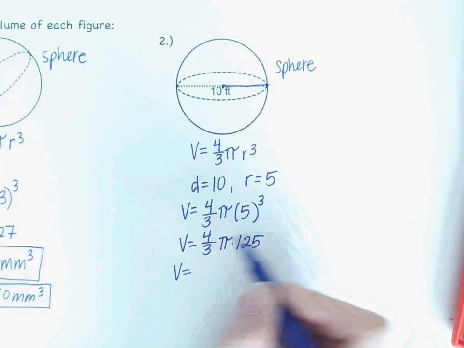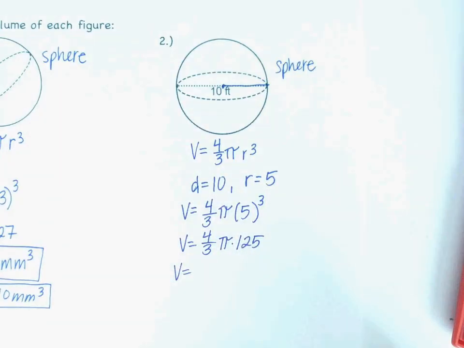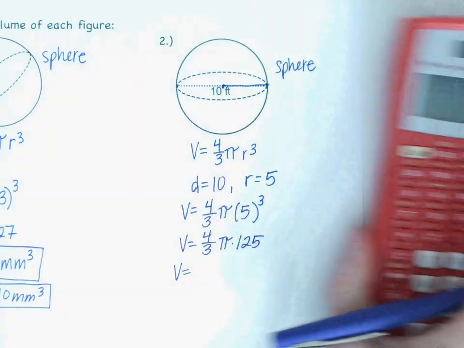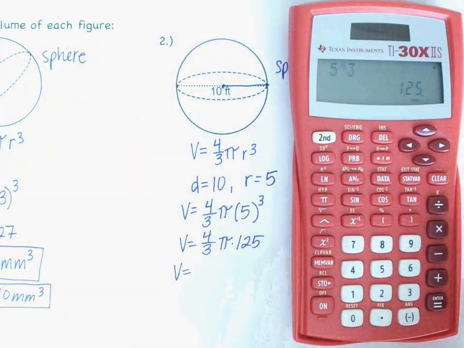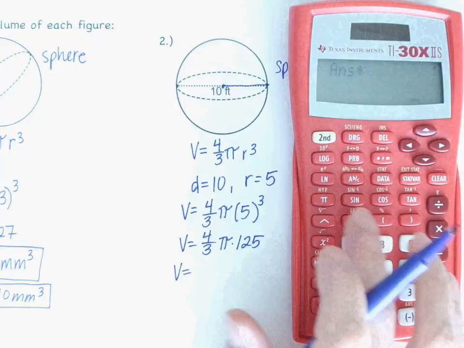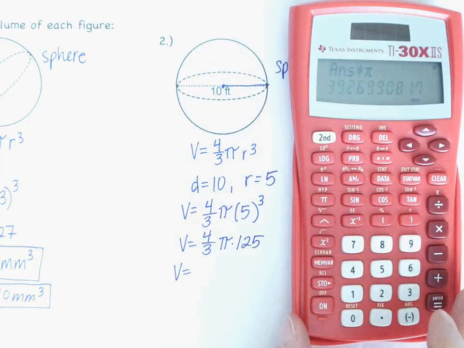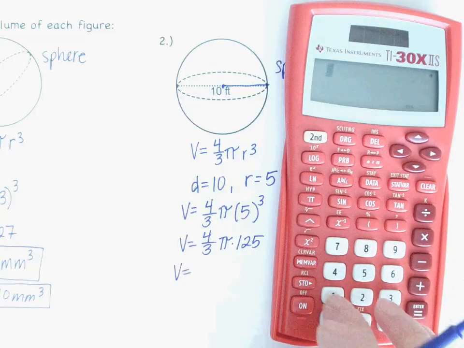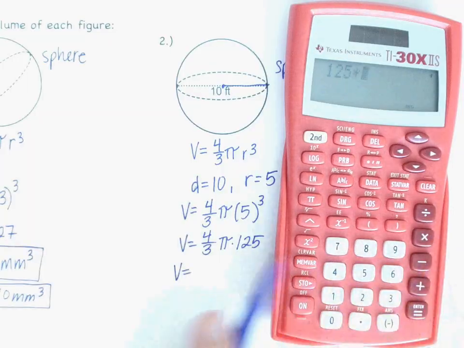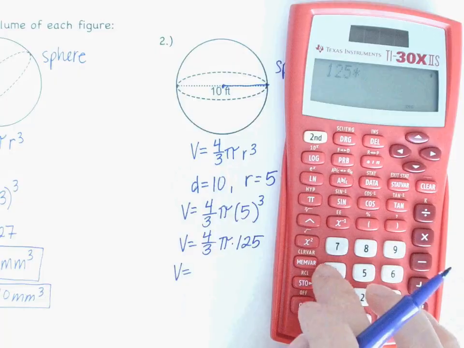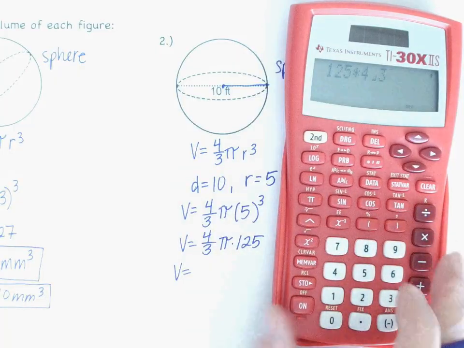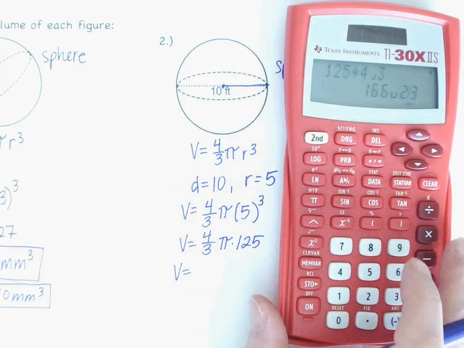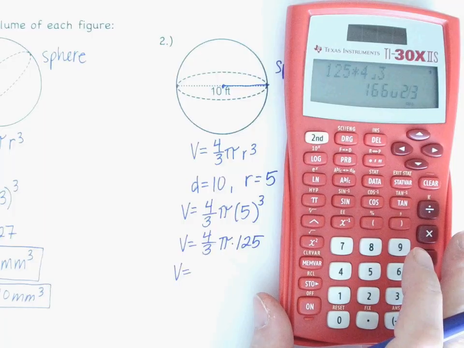Now my next step, we'll multiply the constants together, okay, and then leave our answer in terms of pi. So I have 125, I'm going to do times pi. Oops, I'm not thinking. 125 times my fraction, 4/3. There we go. And this time it gives me a fraction, 166 2/3.